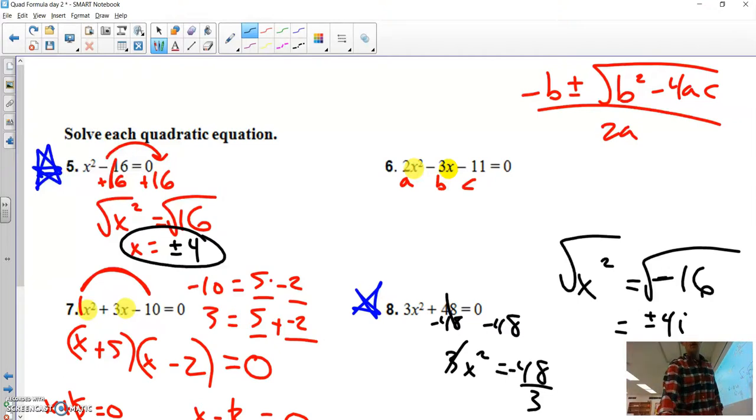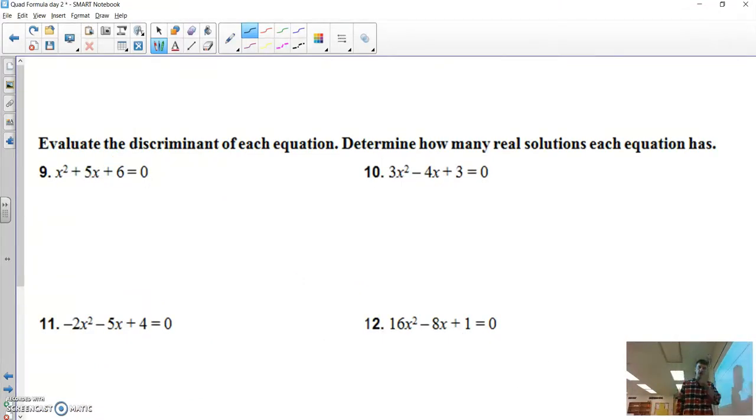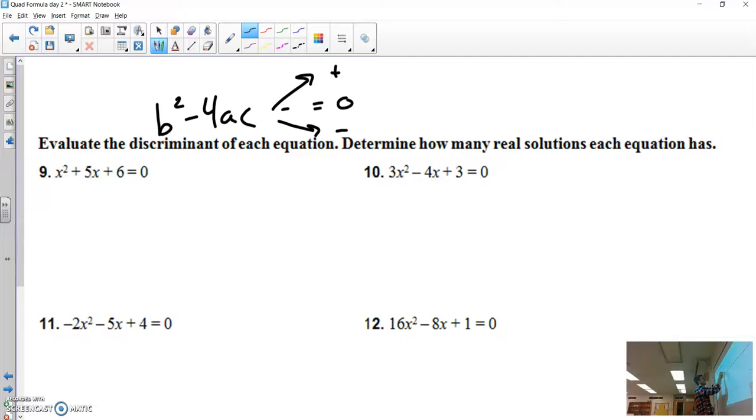Okay? All right, so evaluate using the discriminant. The discriminant is just this value. It's a part of the formula in the quadratic formula, but you don't do the square root. Now, I almost messed up today with a few of you, and I really apologize about that. I try to be perfect every day. It's just not possible. This should come out to be either positive, negative, or exactly 0.